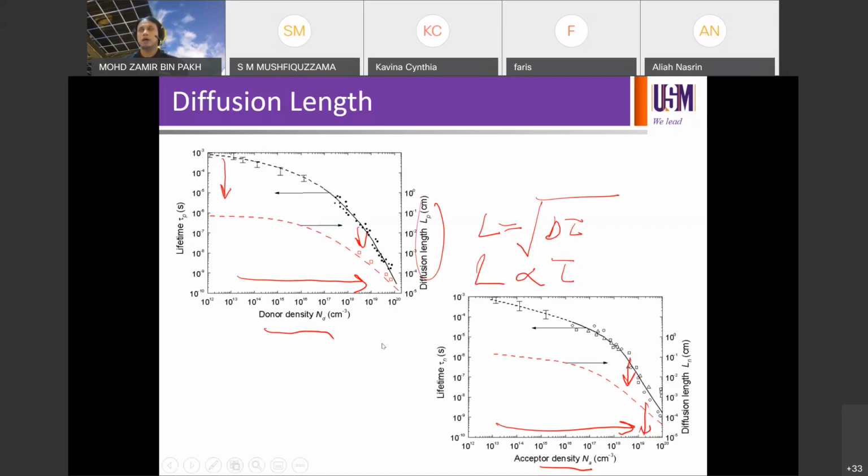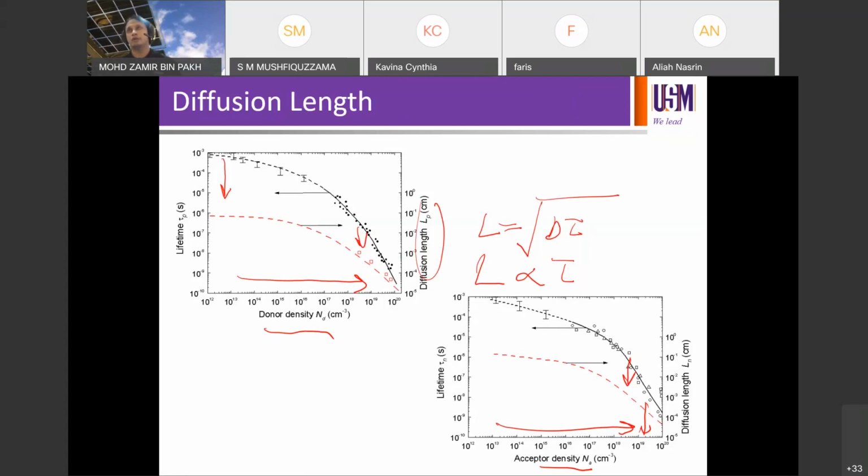So when you are operating your semiconductor device later on, when you need your device to be heavily doped, for example, you need to be aware of how much lifetime and diffusion length you are sacrificing. Later at device level, we're going to see that when you dope your semiconductor material high, you are going to reduce the series resistance in the device, which is good to form contacts with metals in order for the carriers to be collected to the outer circuit.